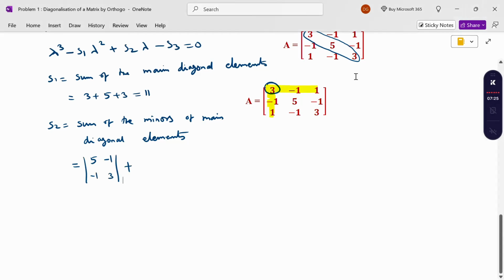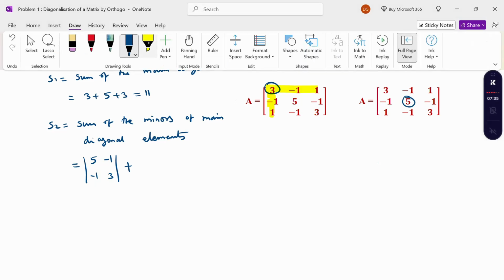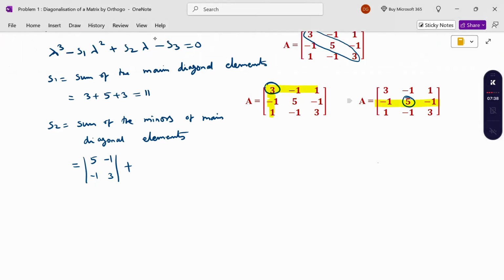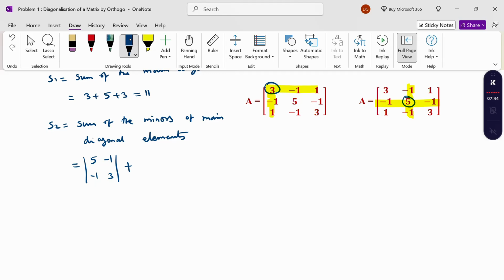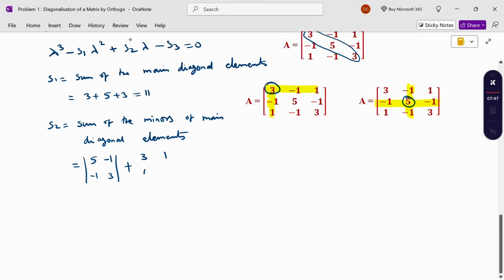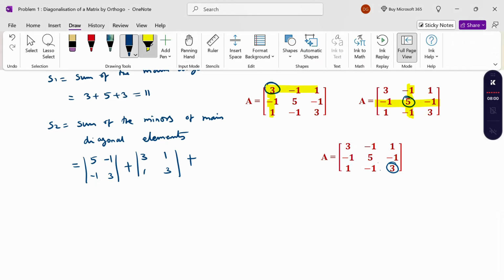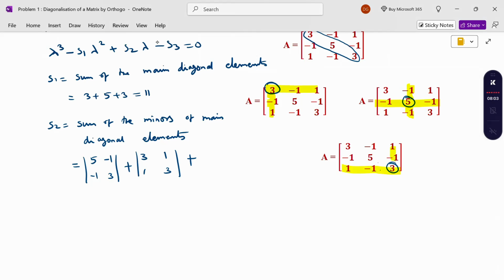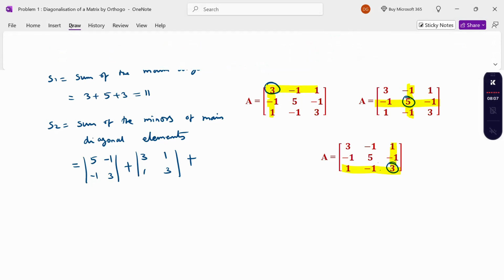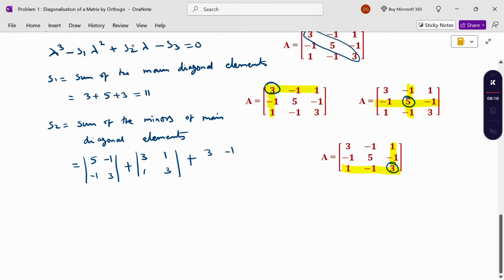Next diagonal element 5: leave this row and column, so the minor matrix is 3, 1, 1, 3. Third diagonal element 3: leave this row and column, so the minor is 3, minus 1, minus 1, 5.